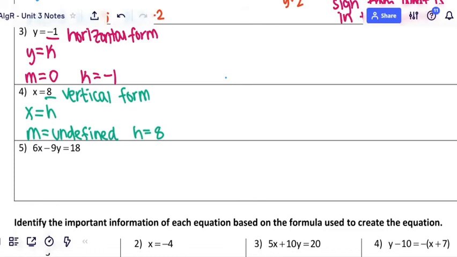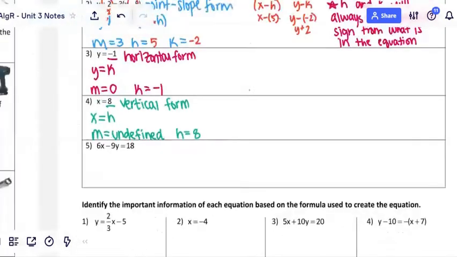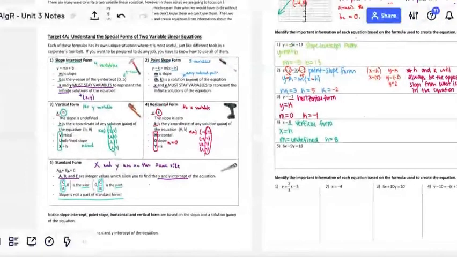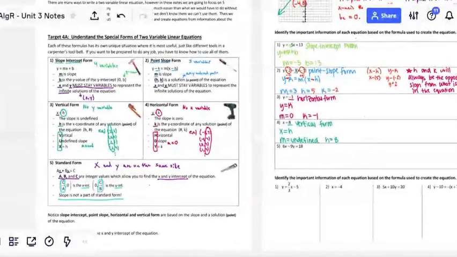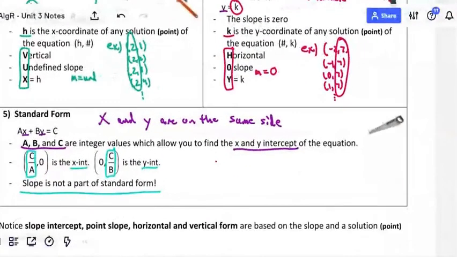Okay, this last one has x and y on the same side of the equal sign. And this matches with standard form. In standard form, we want to identify what A, B, and C are.